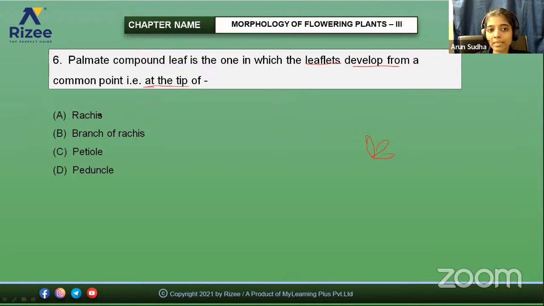Rachis is actually present in the pinnately compound leaves, whereas the question here is about a palmate compound leaf. So is it clear? So the correct option is option C. Clear? Option C is the correct answer here. So read the question properly and then answer what is given, whether it is pinnately compound or palmately compound. Read the question, understand the question, then answer. Okay.